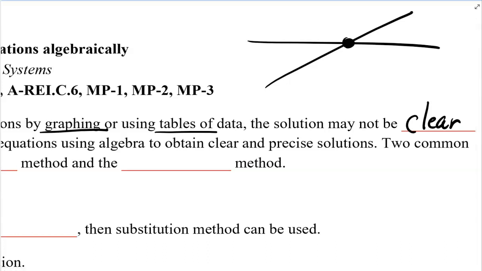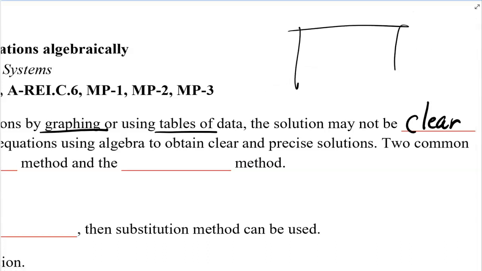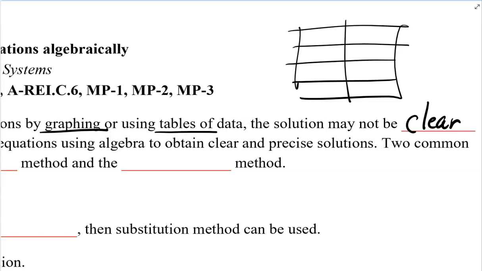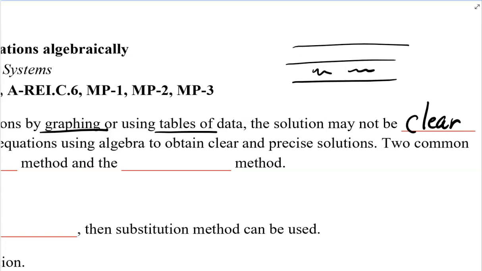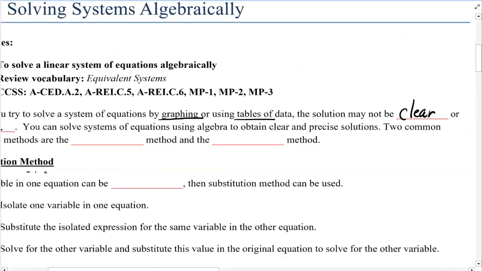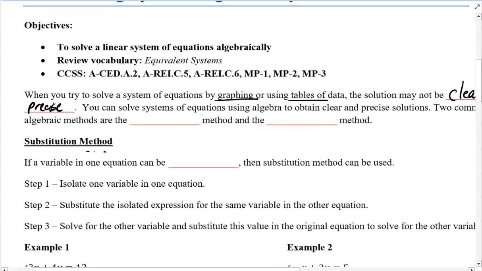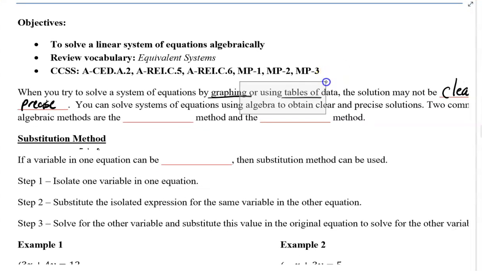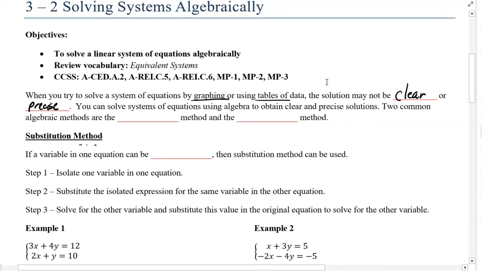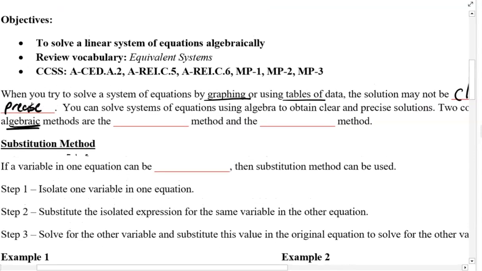Or if we have a table of data, when we have multiple results within a table, we may not actually see two values that end up aligning with one another perfectly. So because of that inconsistency, if you will, we have another method that we can use to solve a system of linear equations, and that is to use algebra. Two specific algebraic methods are the substitution and elimination method.